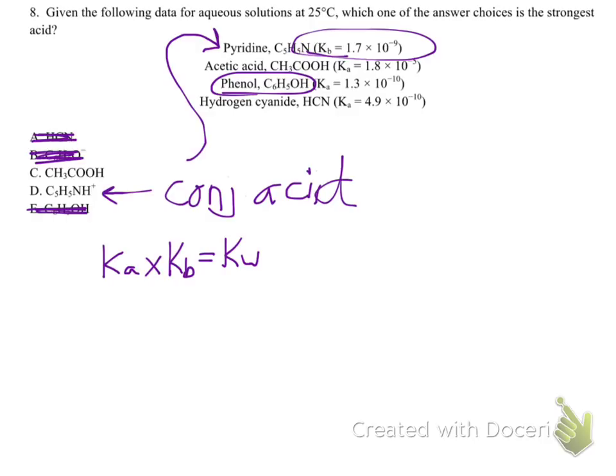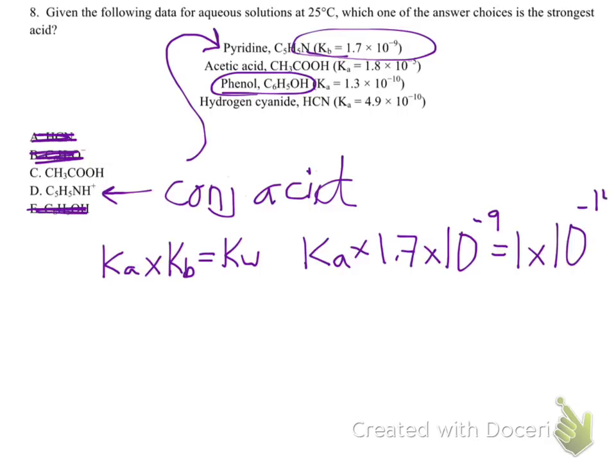So, plugging in values, we get Ka of the protonated pyridine times the Kb, which is 1.7 times 10 to the negative 9th, is equal to Kw, which is 1 times 10 to the negative 14th. Great! Now let's solve and find out what the Ka is.